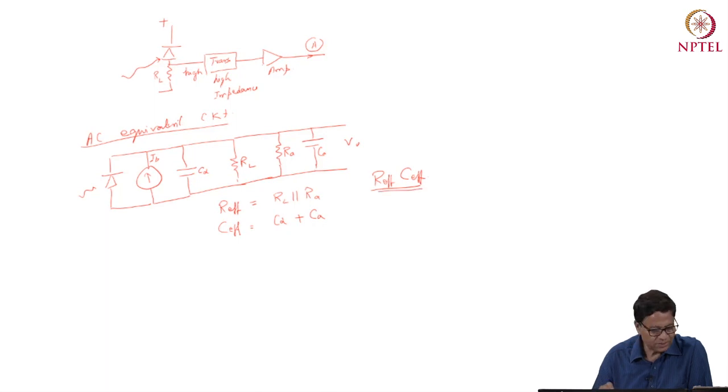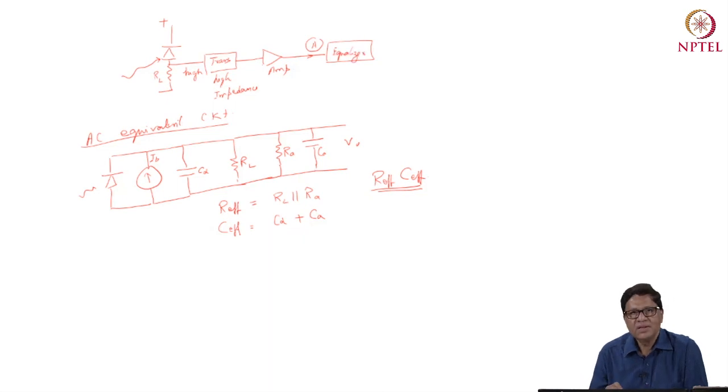So this will actually give distortion. To correct the distortion which has happened because of the junction capacitances and the amplifier circuitry, you have to use some sort of equalizer here, which will equalize the distortion which has occurred in the circuit.